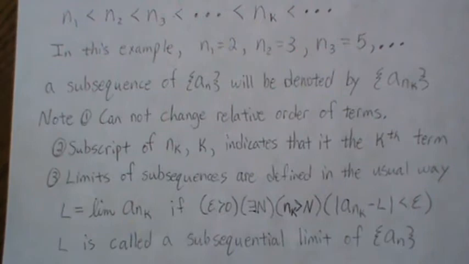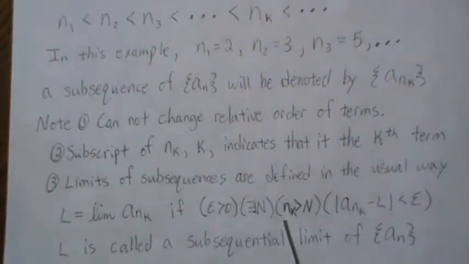It's a limit of our subsequence, but it's also a subsequential limit of our original sequence. Now here, I must admit, some people do this differently. There exists a K, capital K, such that little k greater than big K, this holds. So you can really focus on that little index, and it ends up being the same thing.